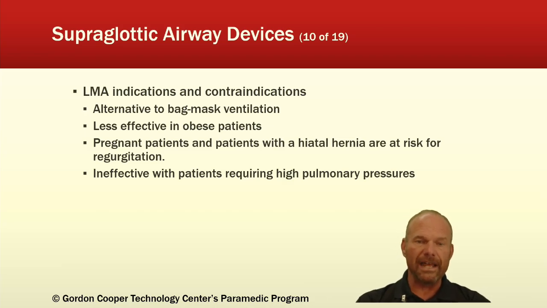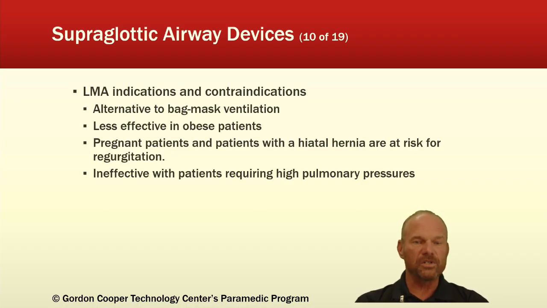So we've got some indications and contraindications. It's a reliable alternative, like we mentioned, to bag mask ventilation, particularly in cases where intubation is not possible or has failed. So not great patients for these: obese patients, as the LMA is less effective in patients with obesity due to the altered airway anatomy and increased airway resistance.